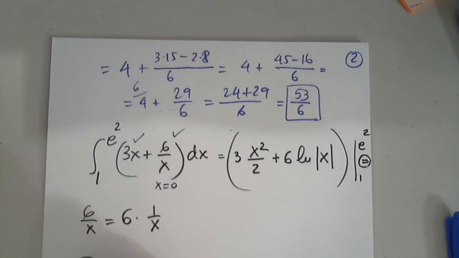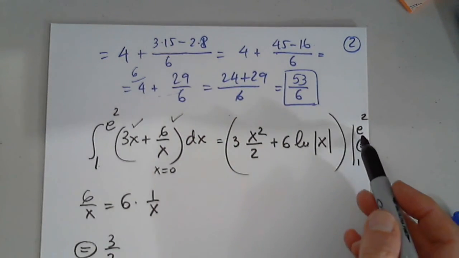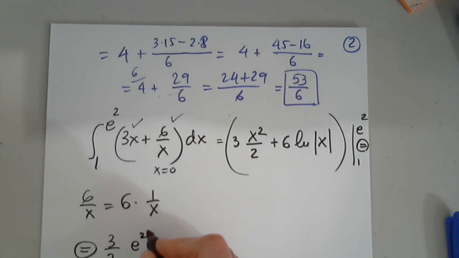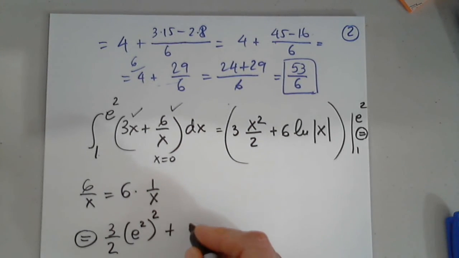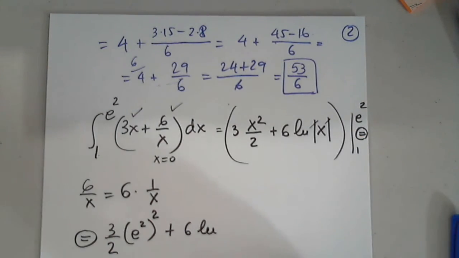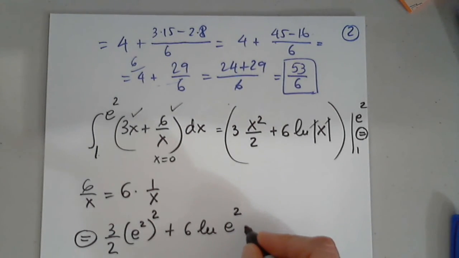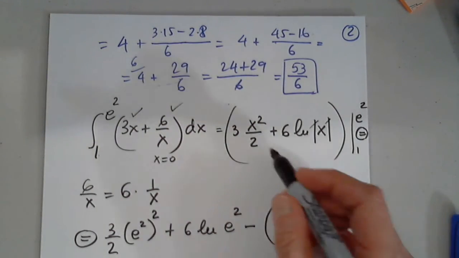So I'm going to continue here. 3/2 in front. And I plug in e squared, everything squared, plus 6 natural log. These are positive numbers, the absolute value is not needed anymore. So I plug in e squared. Now I have to be careful because I have to subtract when I plug in 1.